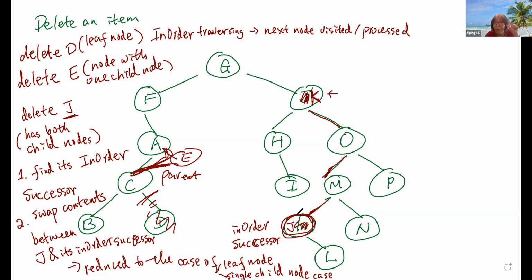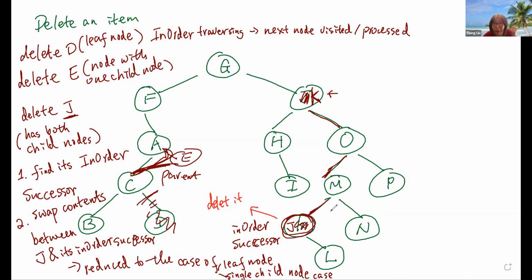Is it? So you swap those two. Then swap those two. And so we reduce the case. Then over here, what we can continue is it has a single child node in this case, J. Is it? So we are going to delete the in order successor.